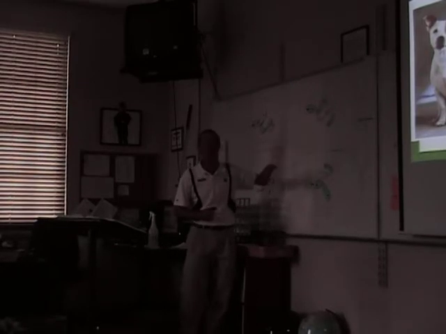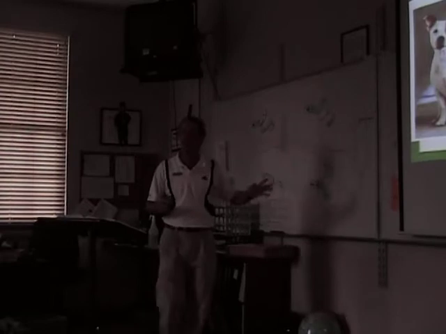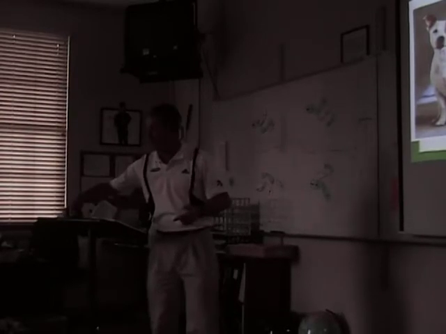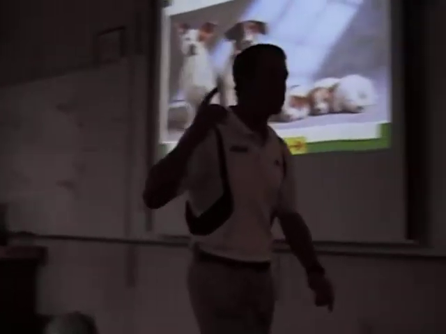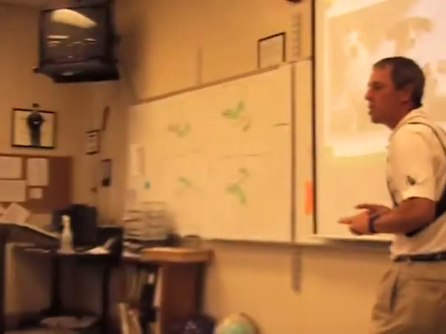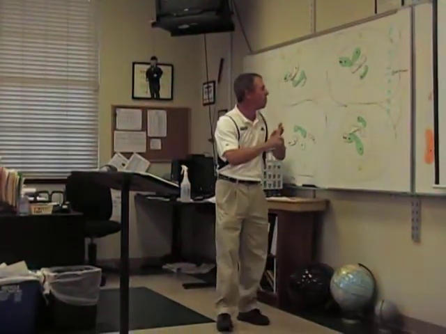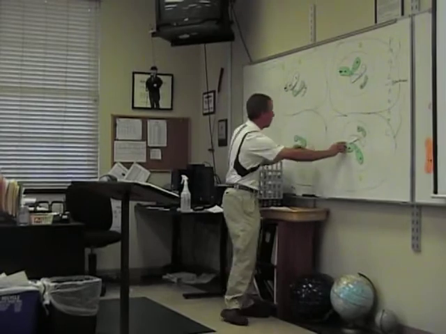This variation is what causes evolution. And there are 3 types of sources of variation that we've studied. There are 3 sources that make kids different from the parents. Number 1, crossing over.